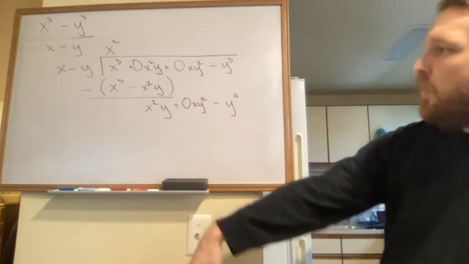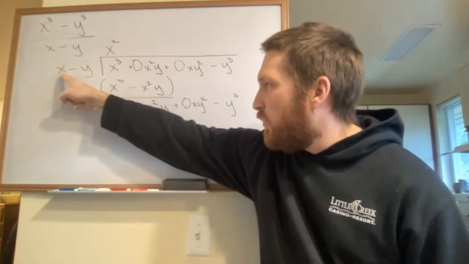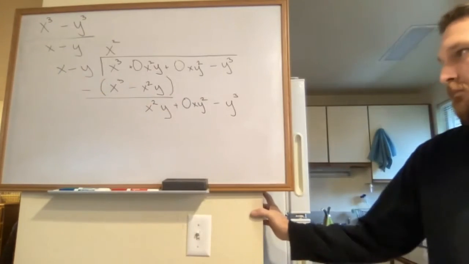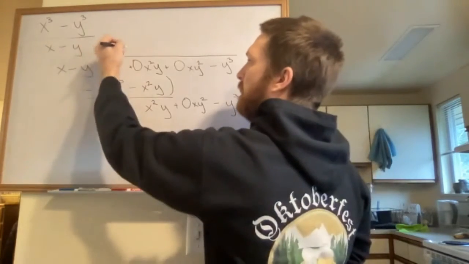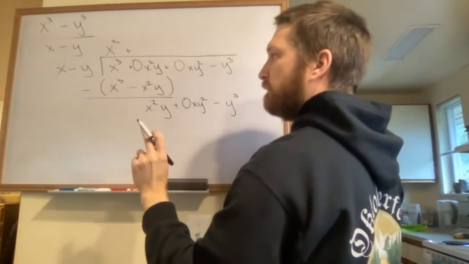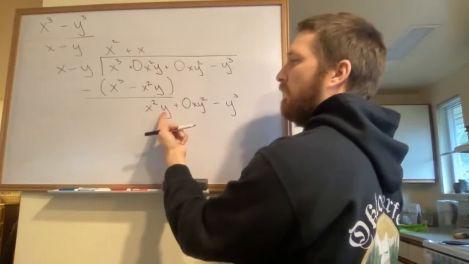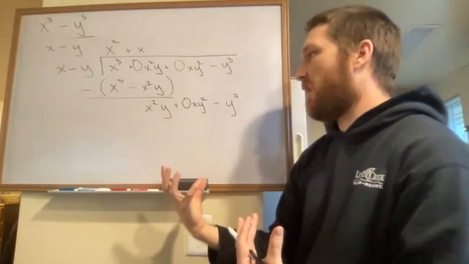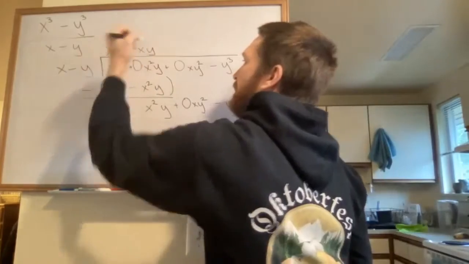Now, what do I need to multiply this guy by to give me this thing right here? x. Plus x? Well, that would be just an x squared. What else do I need? xy. Yes, there we go.